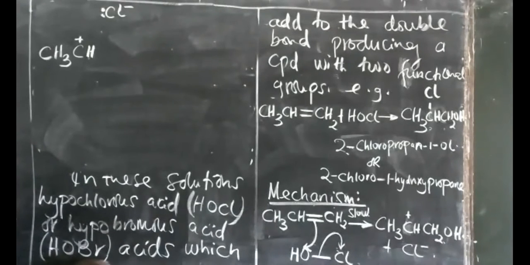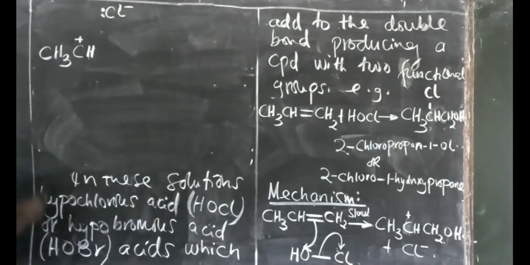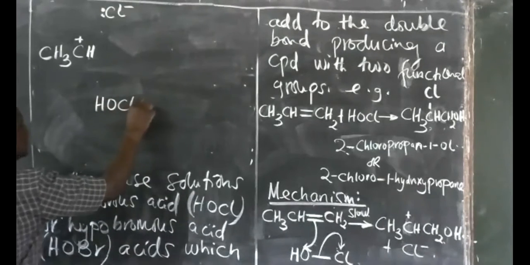HOCl. It is hypochlorous. Hypobromous. Okay? This one here is hypobromous acid. This one here is hypochlorous acid. So in this case here, this one is hypochlorous.